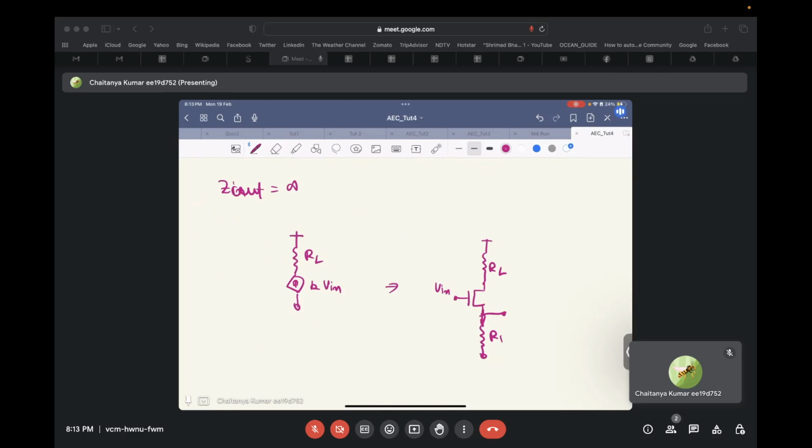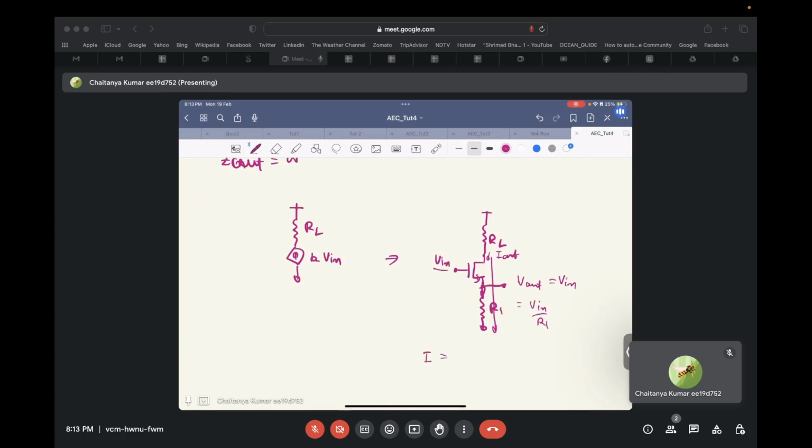From the common drain amplifier analysis, we know that the gain from input to output is equal to 1. So V in has to be equal to V out. Again, this current source is also in negative feedback. So if the output is equal to V in, the current that flows through the transistor is equal to V in by R1, and the same current, that is I out, flows through the load resistance.